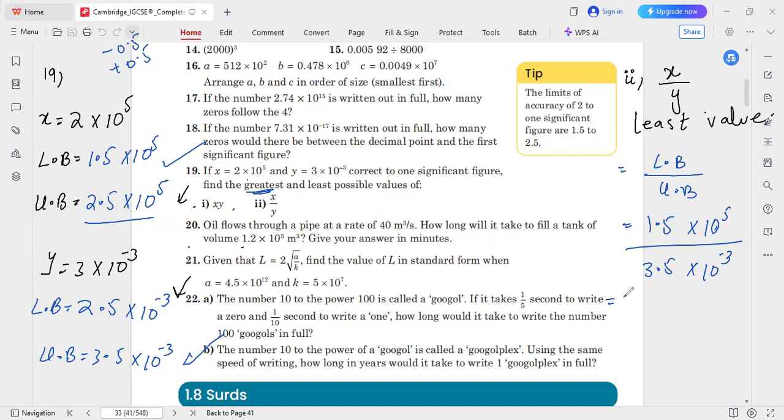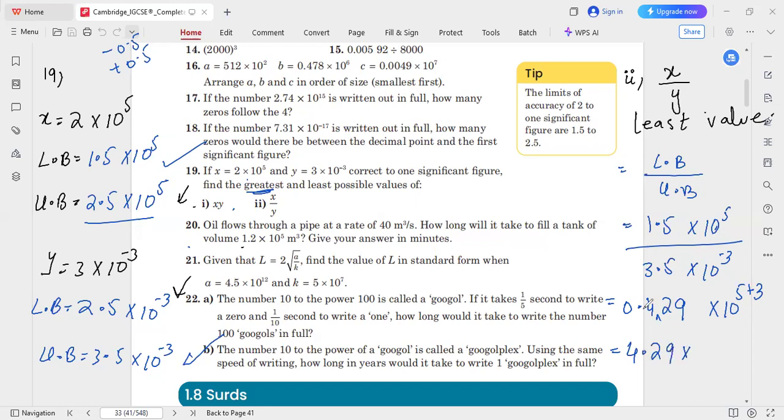Here I need to divide. So basically 1.5 divided by 3.5 gives me 0.428, rounding it off to 3 decimal places. And we have 5, negative will be positive, positive 3. So this is not in standard form, so I need to convert it into standard form. I move my decimal point after 4, and it will be 4.29.